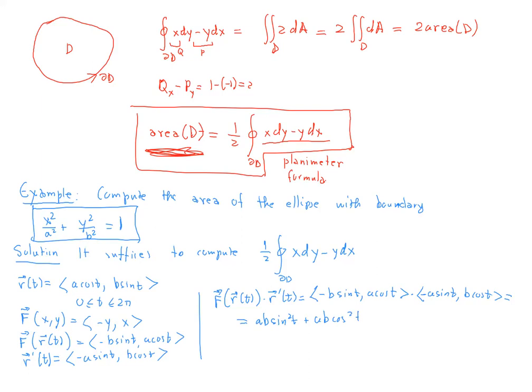And eventually we should take the integral of 1/2 from 0 to 2 pi of ab dt. And this will give us simply pi ab, which is a very nice generalization of the formula pi r squared, which is the area of the disk.